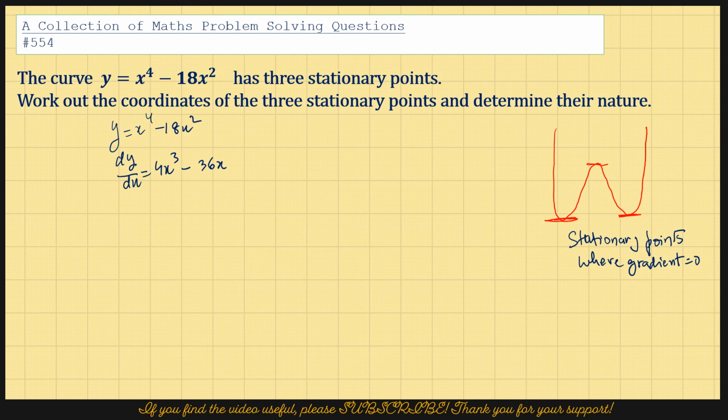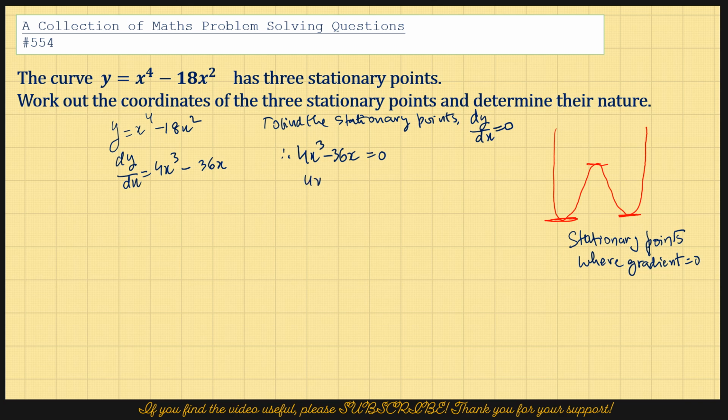So to find the stationary points, we equate dy by dx equals 0. Therefore 4x cubed minus 36x would be 0.